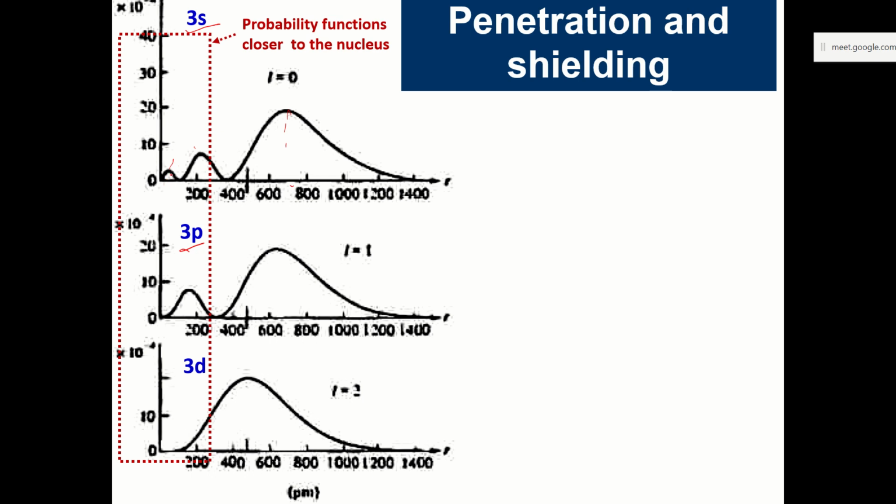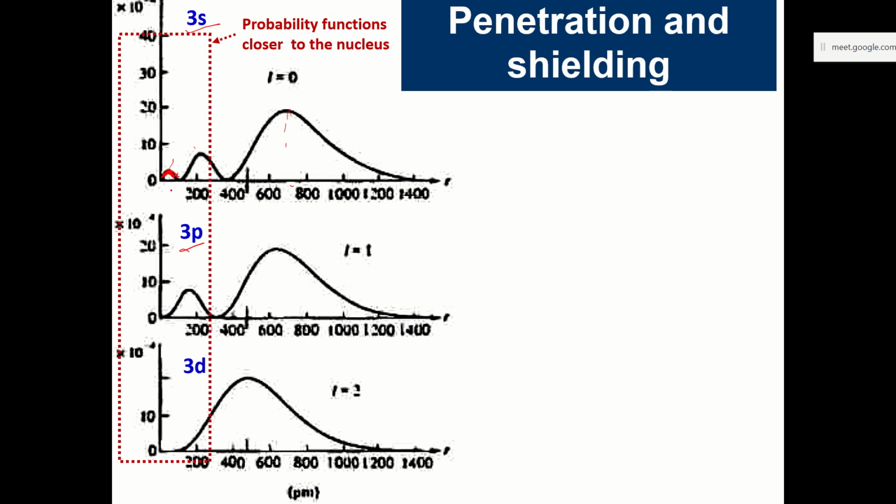In the immediate vicinity of the nucleus, it has a finite probability of being found there. That is, a 3s electron approaches the nucleus much more closely as compared to 3p.